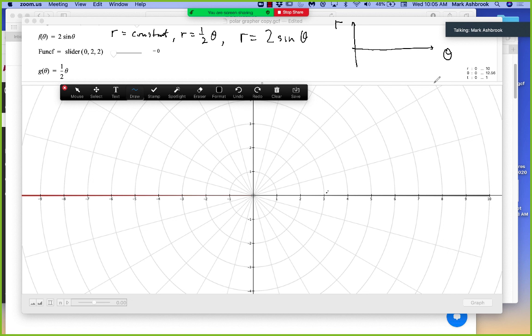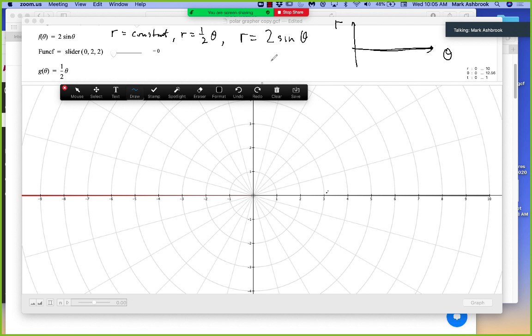This Cartesian graph is going to help us think covariationally, meaning as theta increases, which is counterclockwise rotation down here, what is R doing? So the strategy is to sketch R as a function of theta in rectangular Cartesian coordinates, sine curves, cosine curves, and use that sketch to sketch the polar graph.